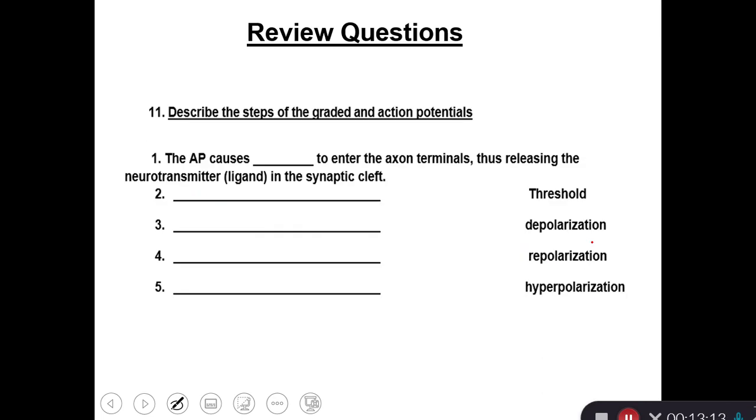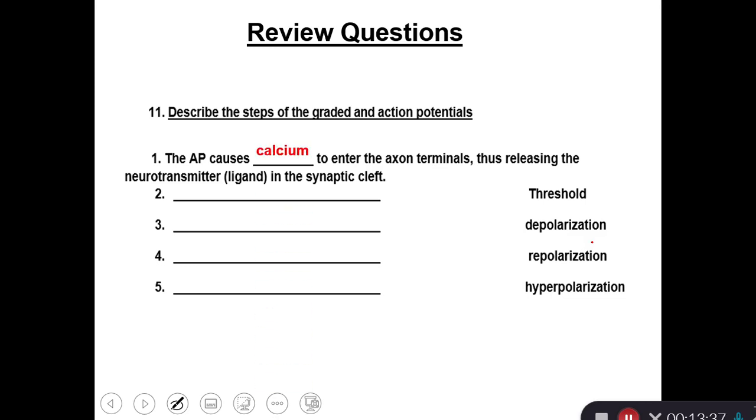Now, let's go ahead and describe the steps of the graded and action potential. First, the action potential going down the axon of the neuron causes what to enter the axon terminals? And when this happens, the neurotransmitter is going to exit out into the synapse.